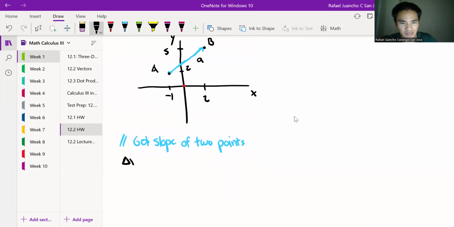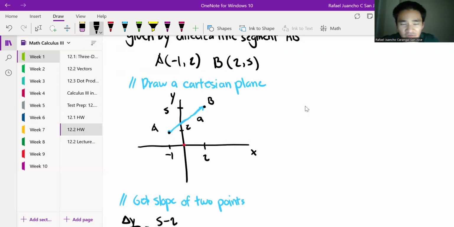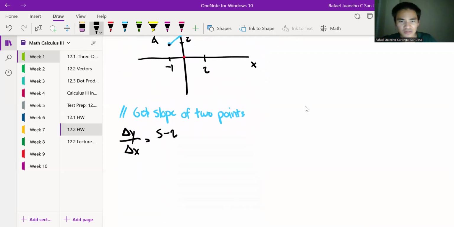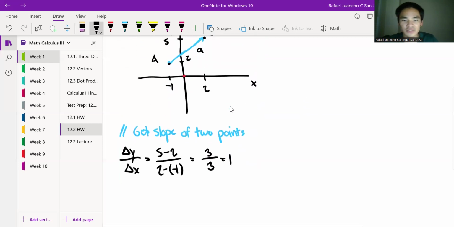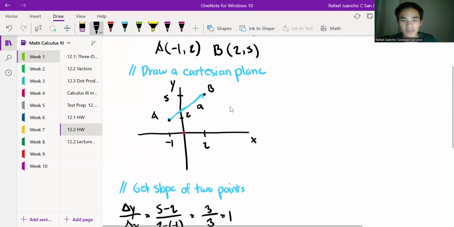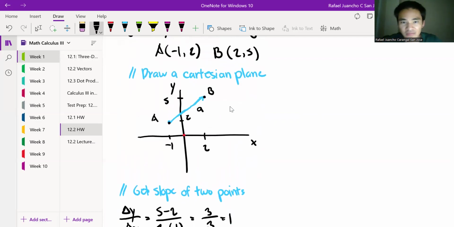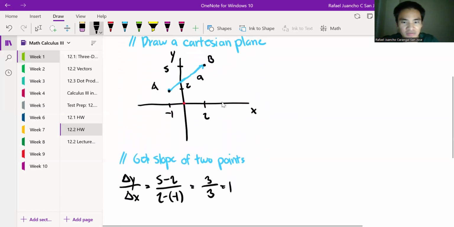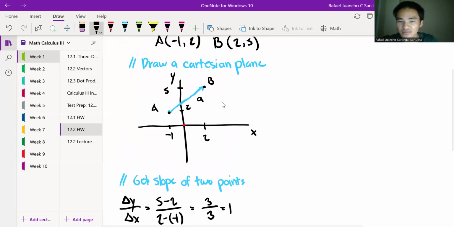So it's going to be my change in y over my change in x. So it's going to be 5 minus 2, and then 2 minus -1, which gives 3 over 3. Oh, would you look at that? It's y equals x. Slope is 1.